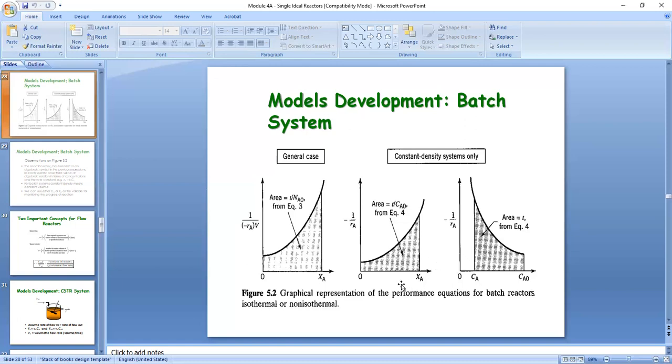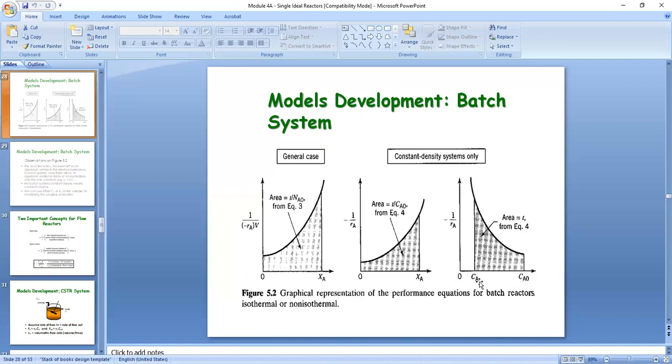In terms of conversion, we have t divided by CAO as the area, but in terms of concentration, this area is simply the time it would take for the initial concentration CAO to lower down to CA.